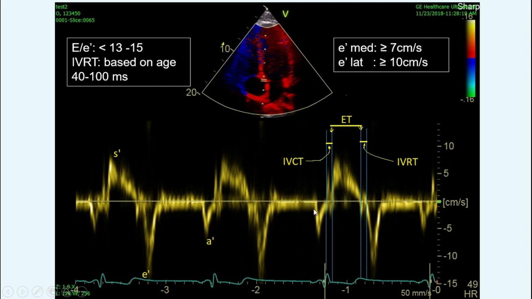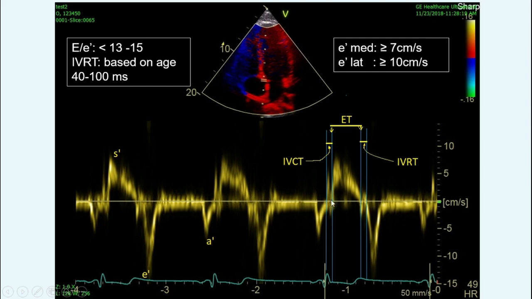Another parameter that we can measure in mitral valve annulus tissue Doppler is IVCT or isovolumetric contraction time. As its name implies, it is the time when the myocardium and left ventricle start contracting, but the valves are closed.